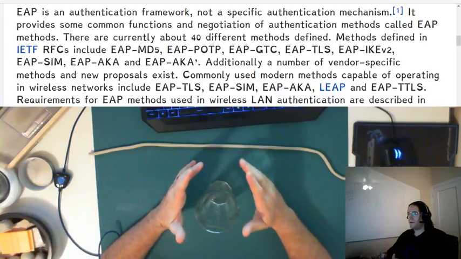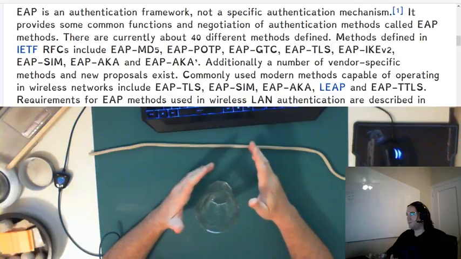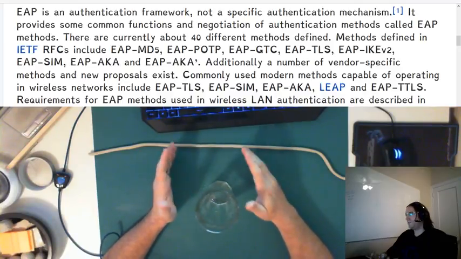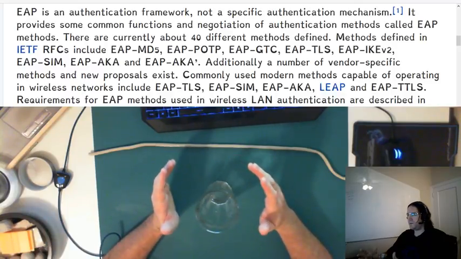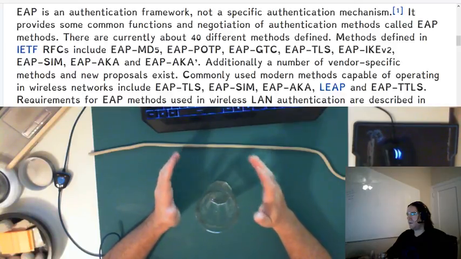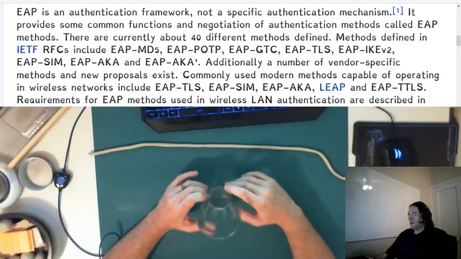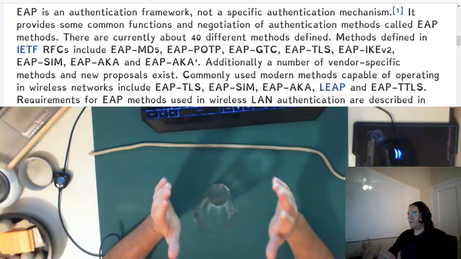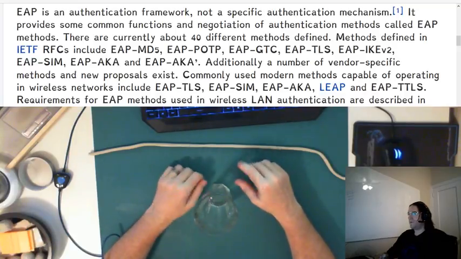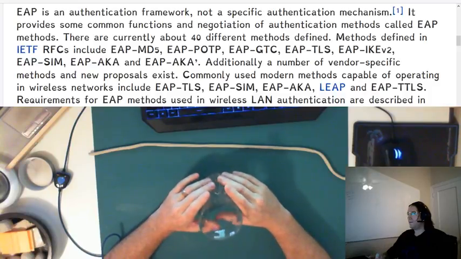Methods defined in IETF RFCs include EAP-MD5, EAP-POTP, EAP-GTC, EAP-TLS, EAP-IKEv2, EAP-SIM, EAP-AKA, and EAP-AKA'. So EAP is the framework, and the EAP methods are the authentication methods.